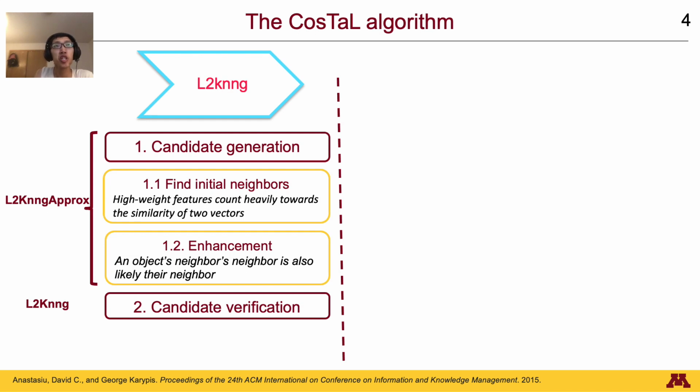And the second strategy is the fact that an object's neighbor's neighbor is also likely to be its neighbor. And by just making use of these two basic principles, L2KNG achieves fast computing speed.